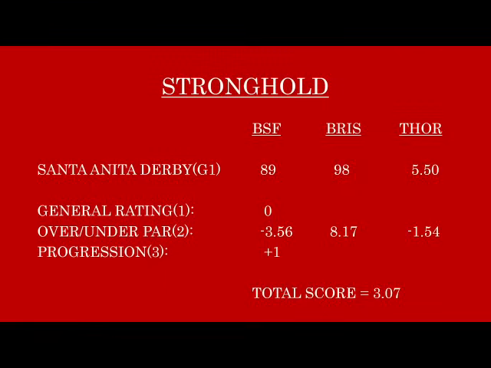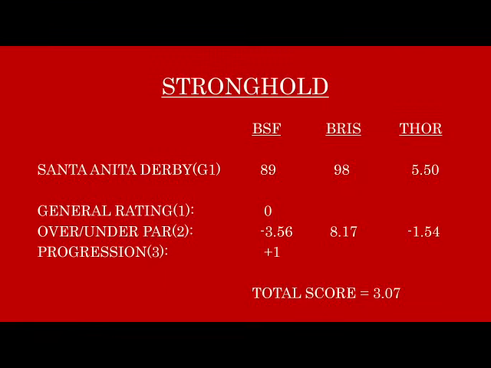You see, the Thorograph is about the same as Catching Freedom or Anna Marie, which is a little encouraging to a degree, but it is below average. So this is an interesting skew here. He's below average Beyer speed, above average Brisnet, below average Thorograph.